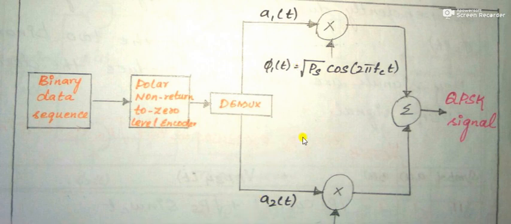The two binary waves A1(t) and A2(t) are used to modulate a pair of quadrature carriers phi 1(t) and phi 2(t), where phi 1(t) is equal to root(2/Ts) cos 2 pi fct and phi 2(t) is equal to root(2/Ts) sin 2 pi fct. The result is a pair of binary PSK signals.